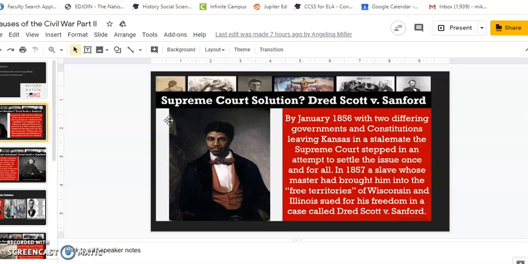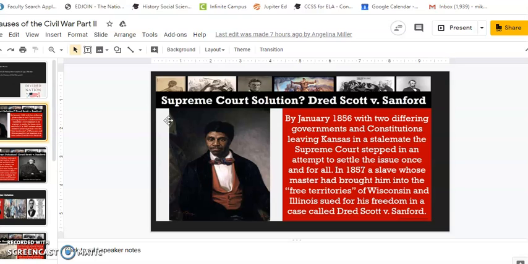What happened was Dr. Emerson took Dred Scott over to a free state, and he would normally travel with him back and forth. But Dr. Emerson eventually died, and this left Dred Scott without an owner. So Dred Scott was trying to argue that he should be free because he no longer had an owner.